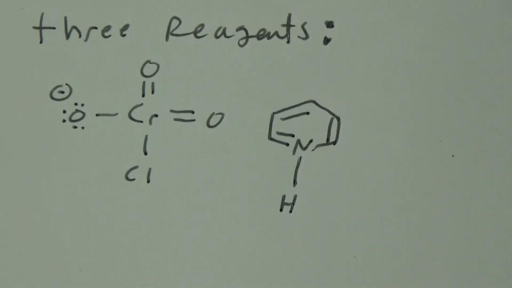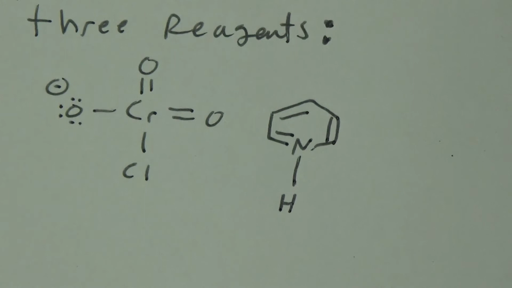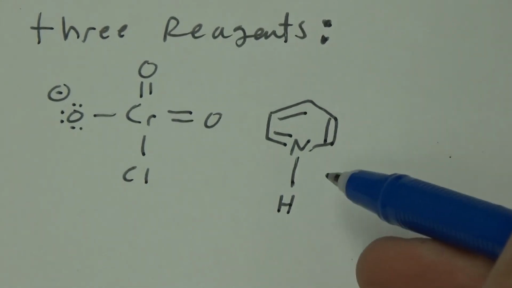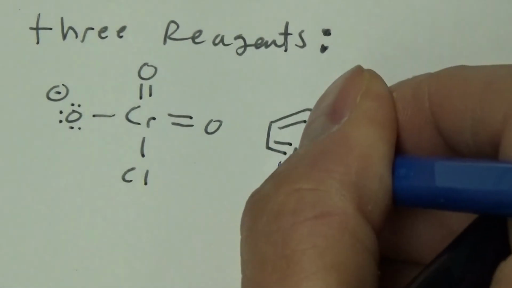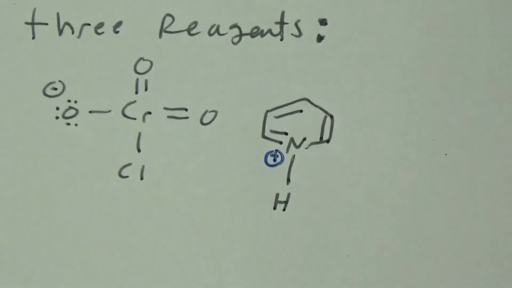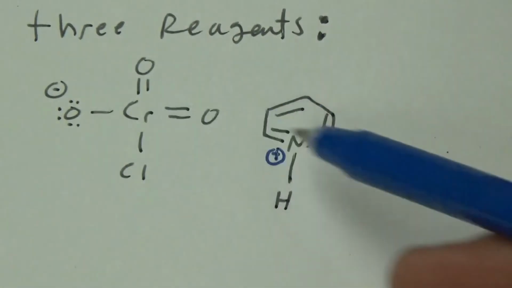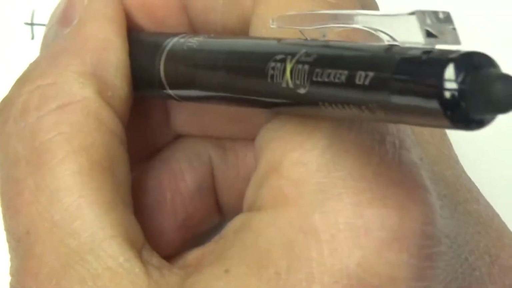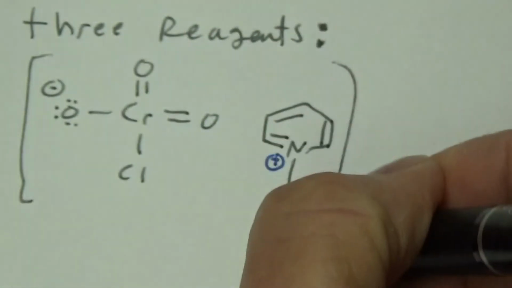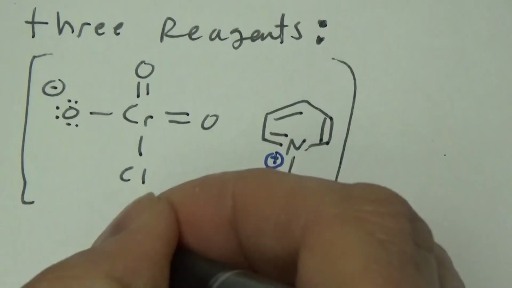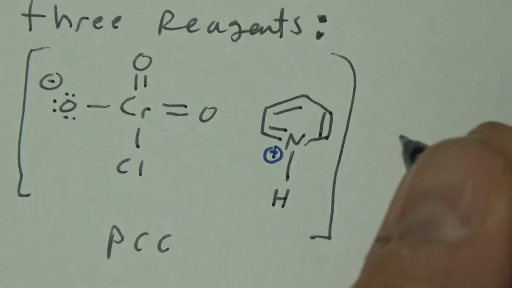What is the charge on nitrogen if you have 4 bonds to nitrogen? It's plus. So that whole thing is positively charged. This is negative, plus, so this is a complex. We're just going to put a bracket around it. All right. This stuff is called PCC.